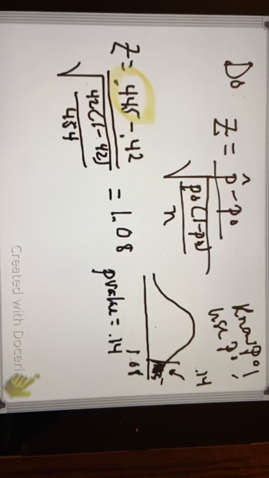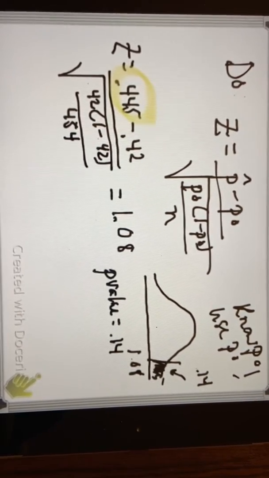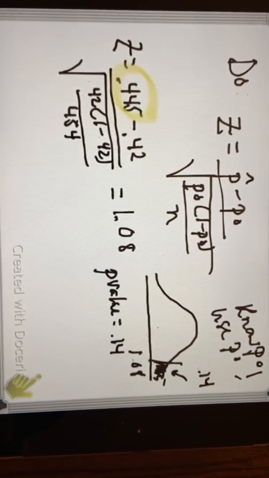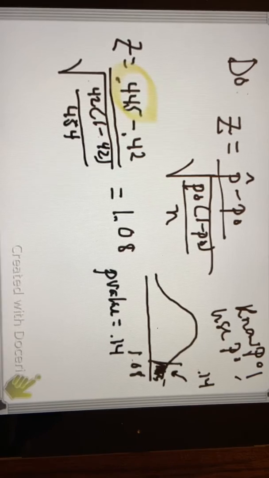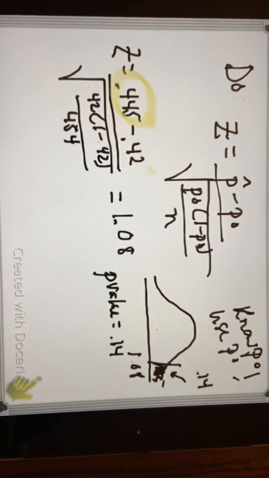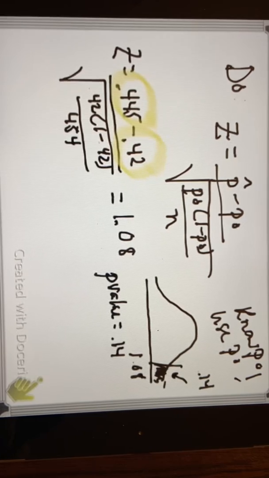You don't want it due to random chance. You want the null hypothesis to be rejected. You want that to be false. So is there much difference between these two numbers? Is it significant enough? And so that's the whole purpose of calculating your p-value.